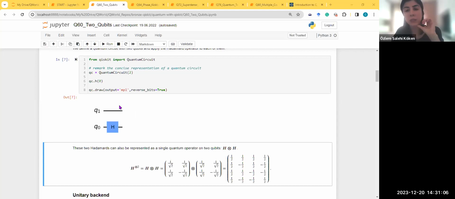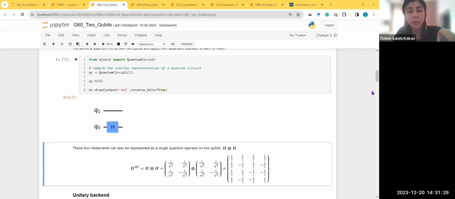Okay, now let's discuss the answers. First of all, the correct answer should be identity tensor Hadamard if we are obeying the Qiskit order. Why? Because according to Qiskit, we should think in terms of Q1, Q0, and on Q1 we are not applying anything, so this is identity. And on Q0, we are applying Hadamard.